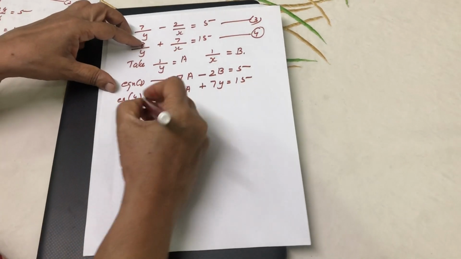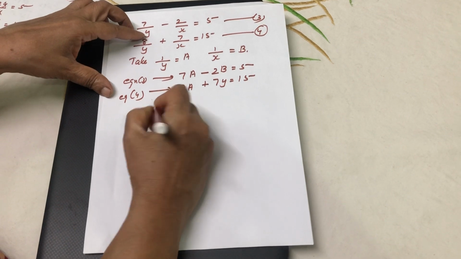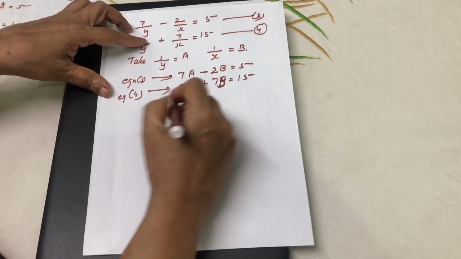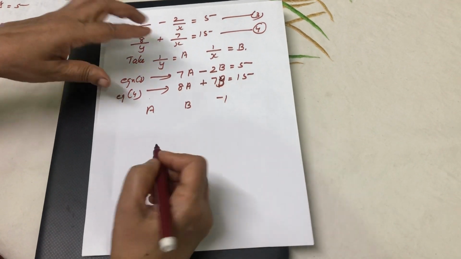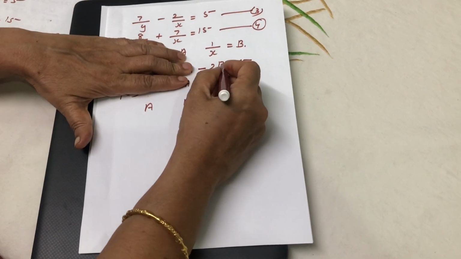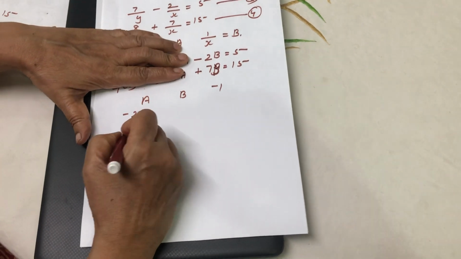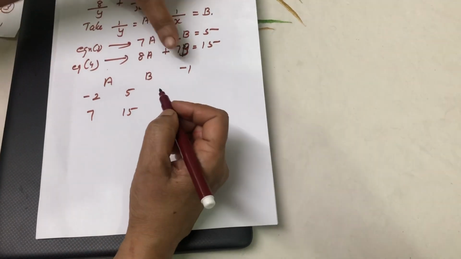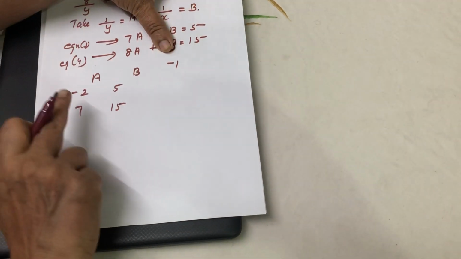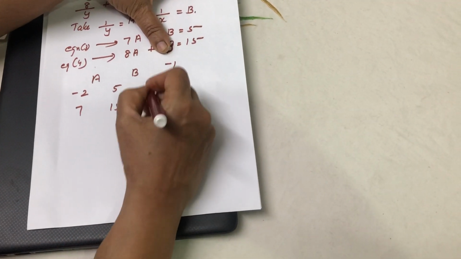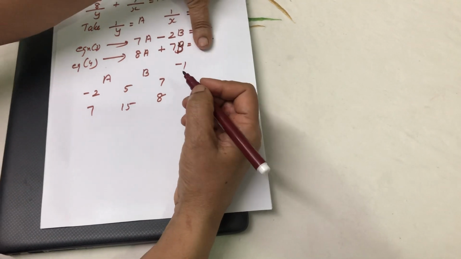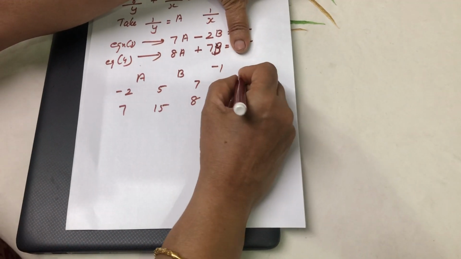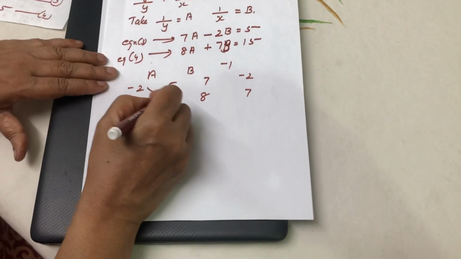Now you have to solve this. A, B and minus 1. Hide this. Coefficient of B is minus 2, 7. On this side it is 5, 15. Hide B: 5, 15 on the left side, 7, 8 on the right side. Then hide the constant: 7, 8 on the left side, minus 2, 7.